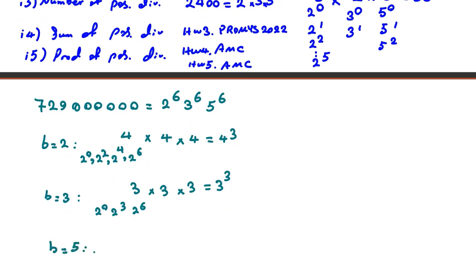B5: 2 to the 0 and 2 to the 5. 2 cases, 2 cases, 2 cases, 2 cubed. We don't need to calculate B6 because we've calculated B2, B3. Let's consider this one as B2, this one B3, this one B5.